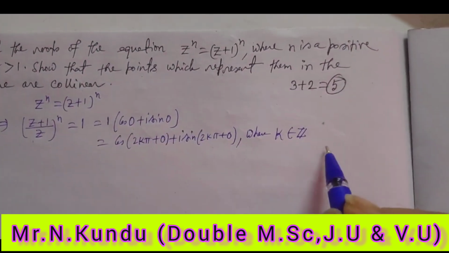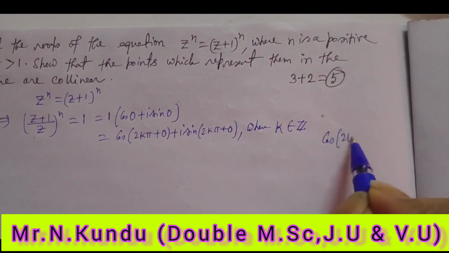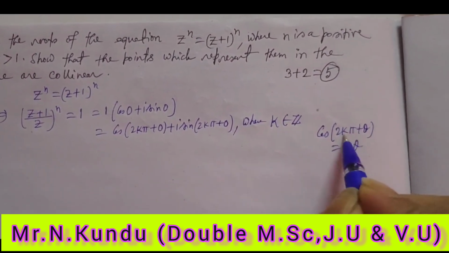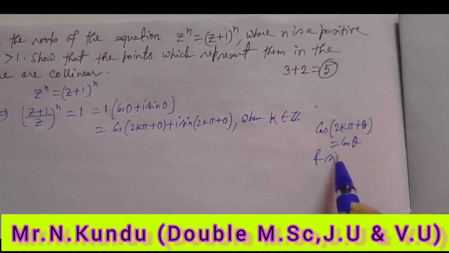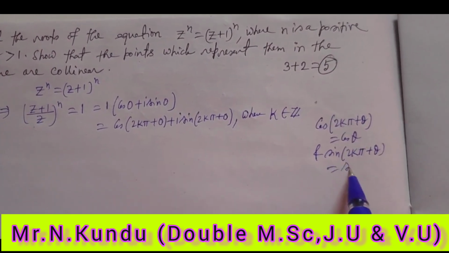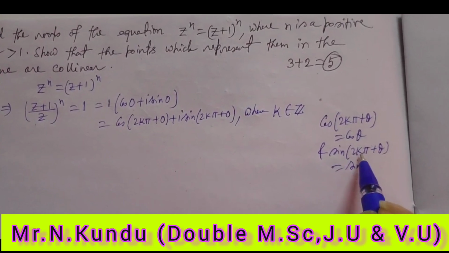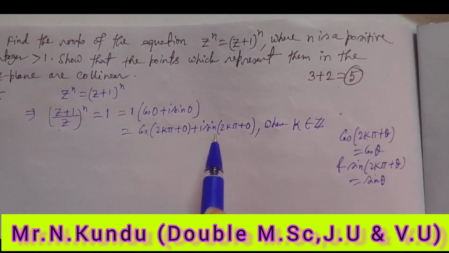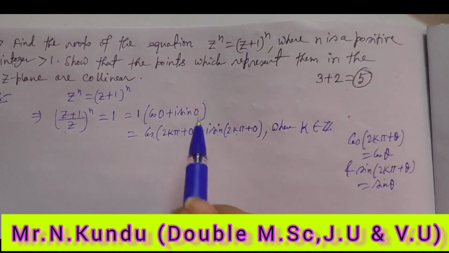As we know, cos(2k pi plus theta) is equal to cos theta and sin(2k pi plus theta) is equal to sin theta, where k is any integer. So cos(2k pi plus 0) is cos 0 and sin(2k pi plus 0) is sin 0.